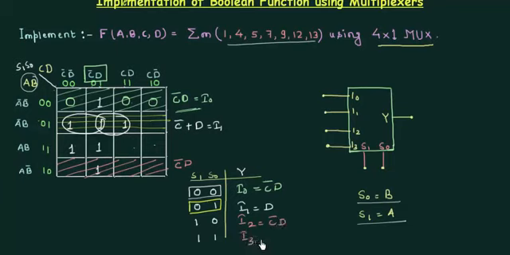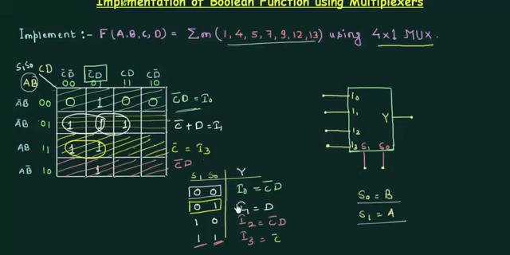Now the last step, in which we have to find the value of I3, and I3 is for S1 is 1 and S0 is 1. For this row we are having both S1 and S0 equal to 1, and there are 2 ones. So we will combine these 2 ones, and we are having C complement, and it is equal to I3. So your I3 is C complement.